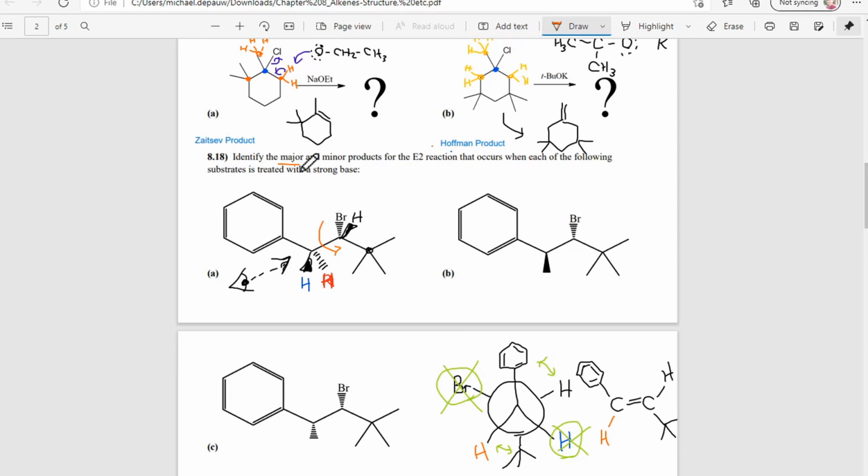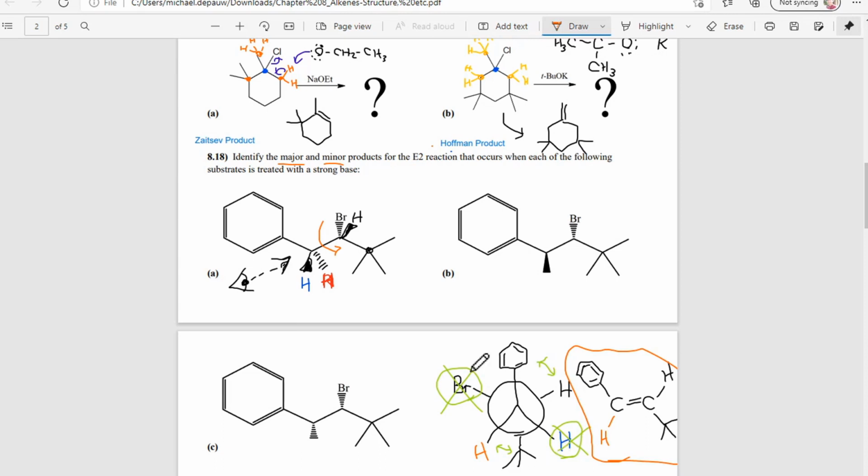It says identify the major and minor products. So in this case, the major product is definitely going to be this guy here. But the minor product would be if this thing rotates around, there is another hydrogen. Just like in the Newman projection, I can rotate the front around, right?